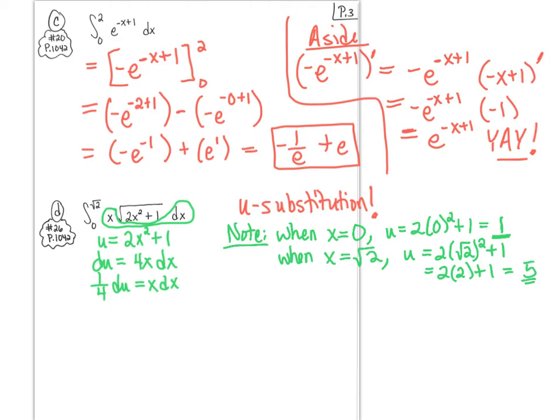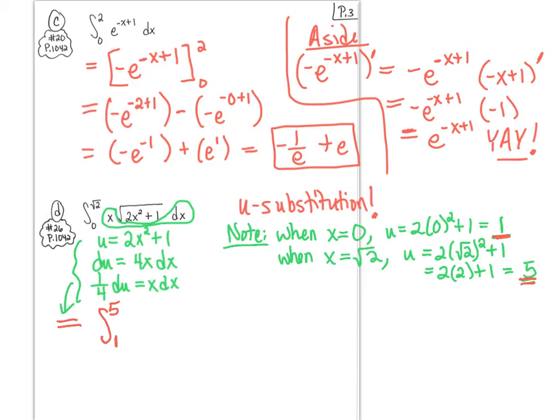We'll need to remember that as well. So using all of our substitutions, we now have that our integral is equal to the integral. Notice that instead of 0, we're going to write 1. Okay? Instead of square root of 2, we're going to write 5. Because now we're switching to u.